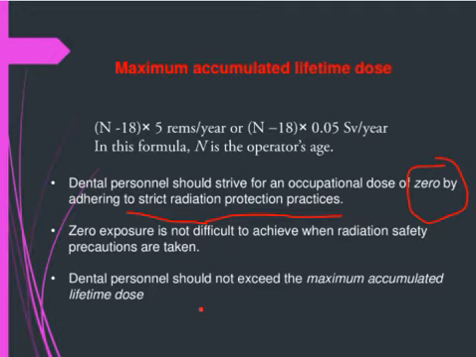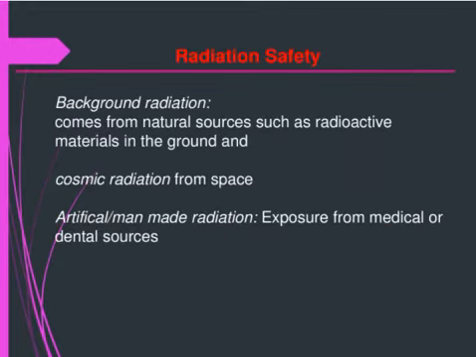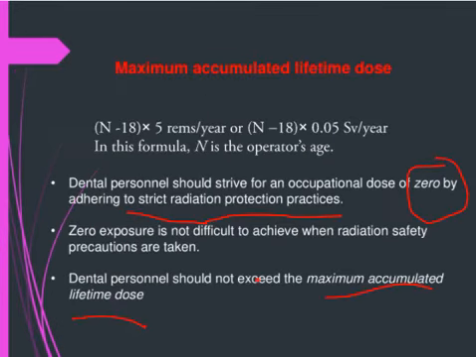Also keep in mind that dental personnel working in the radiology unit should not exceed the maximum accumulated lifetime dose. That means over every year, collectively over a period of time, the person should not be exposed to the maximum dosage. Okay, now before going into the radiation safety portion, you also have to know about the pregnant female.